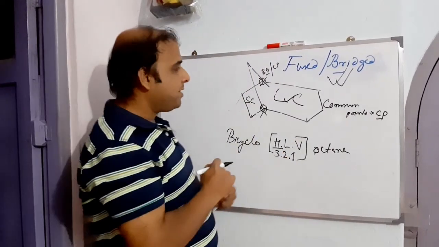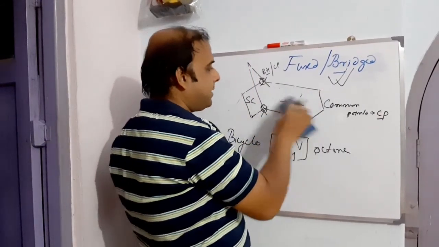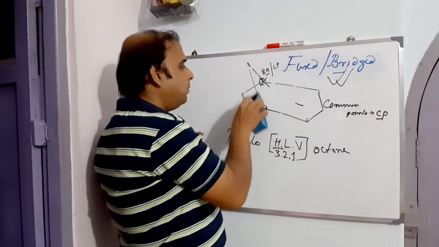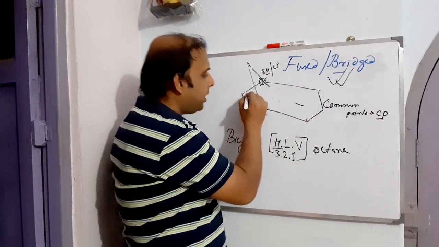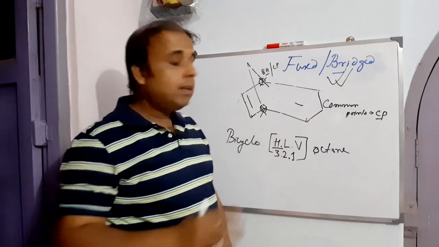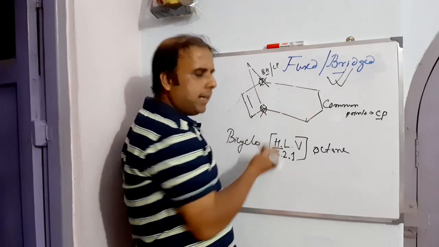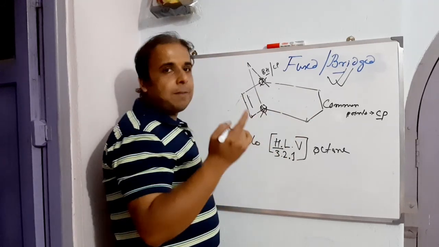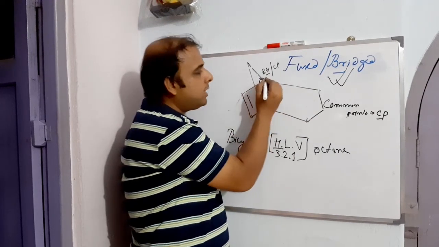Moreover, say for example, let me keep this structure as such here. Now if I put one double bond here, in that case, will there be any alteration in the naming? No. Only thing is that you have to position it. You have to start the numbering from either of the bridgeheads. So this is the bridgehead.